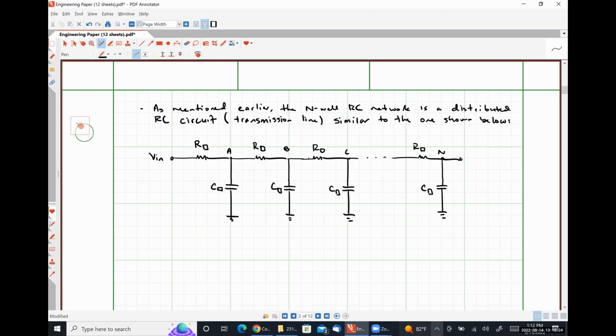This is node N. And here's where we're taking our output. So the delay time to node A is simply TDA is 0.7 R square C square.